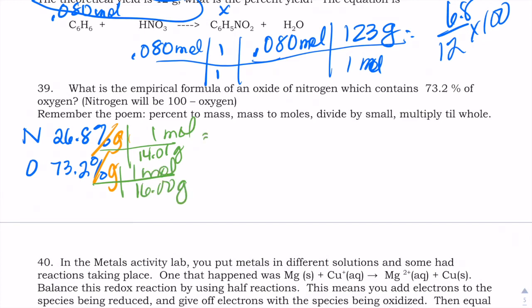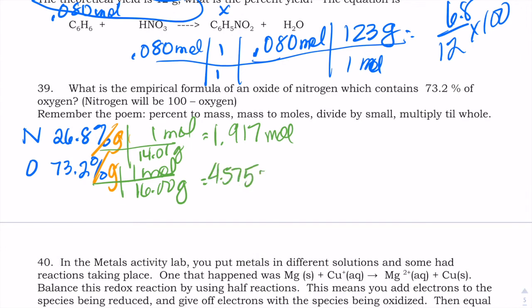That's going to give us moles. 26.87 divided by 14.01 is 1.917. 73.2 divided by 16 is 4.575.